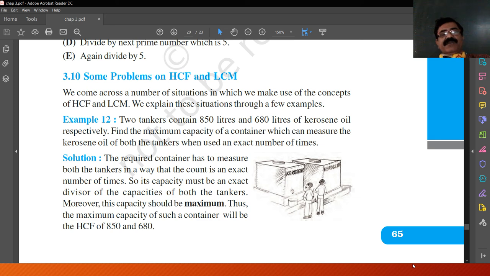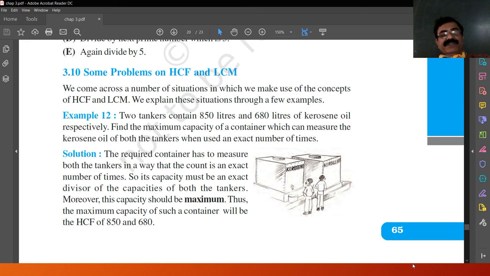Find the maximum capacity of a container which can measure the kerosene oil of both tankers an exact number of times. So its capacity must be an exact divisor of the capacities of both tankers. Moreover, the capacity should be maximum. Thus, the maximum capacity of such a container will be the HCF of 850 and 680.